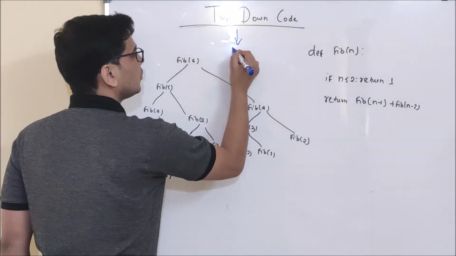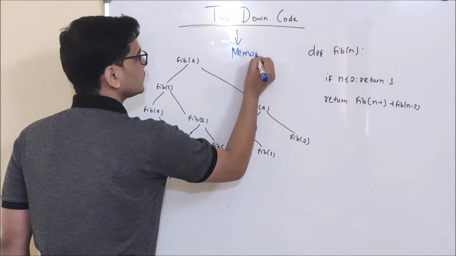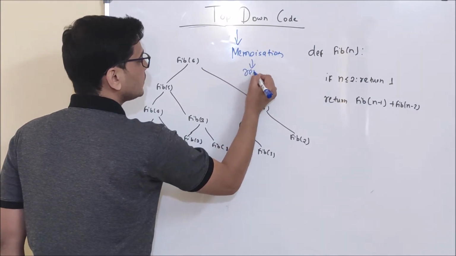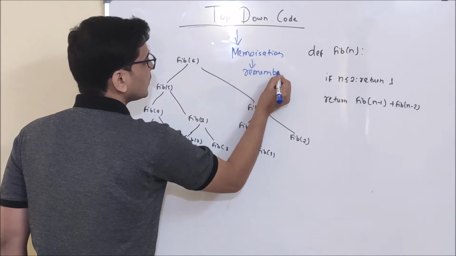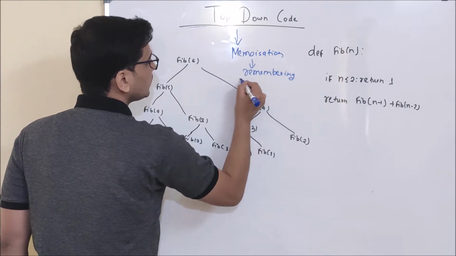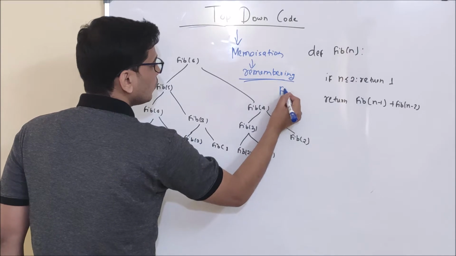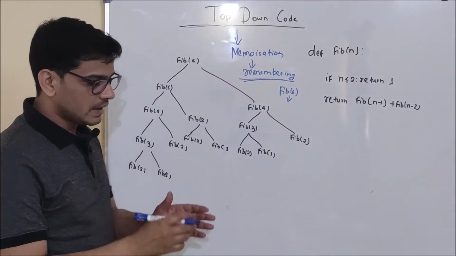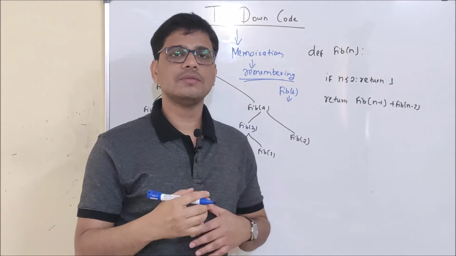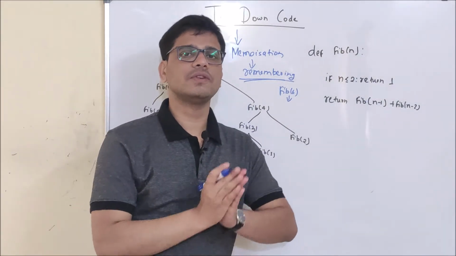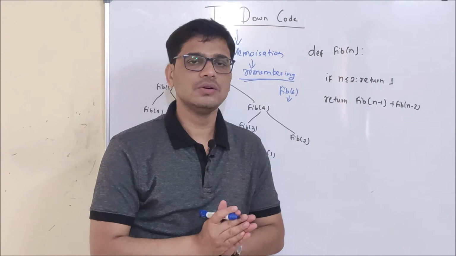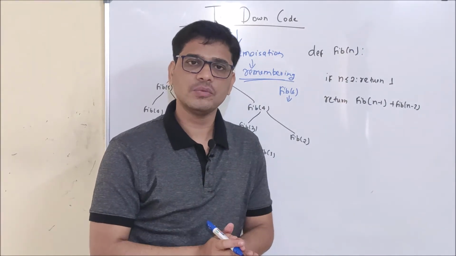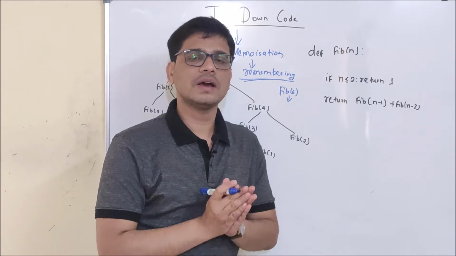Another name for top-down is memoization. As the name suggests, we are remembering something here. And what are we remembering? In the recursive program we make function calls, and if we have calculated the value for any function for the first time, we are going to save it in our memory.